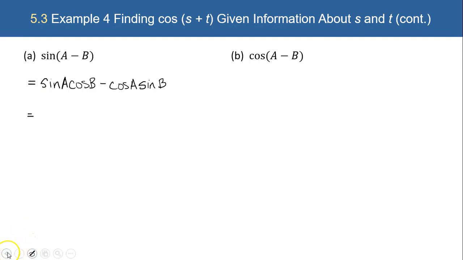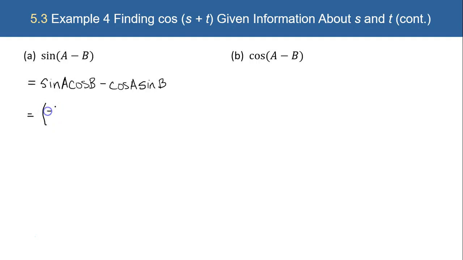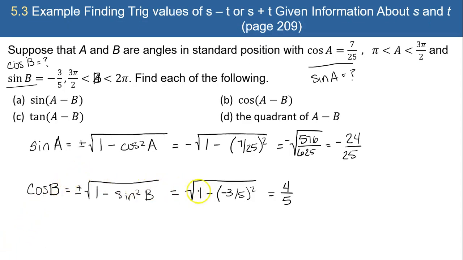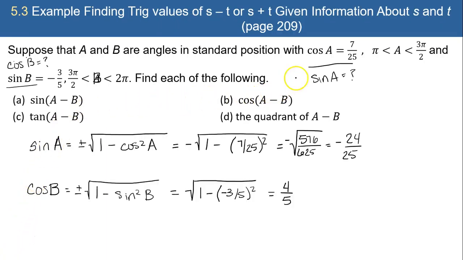So sine of A, we found that here, that's negative 24 over 25. Cosine of B, we found that is 4 over 5. So plug that in. And then cosine of A, let's take a look at that. We were given that is 7 over 25.